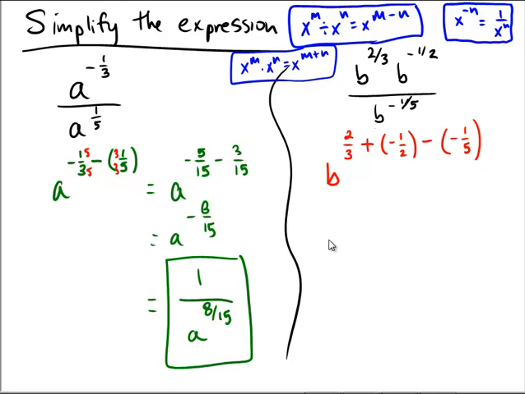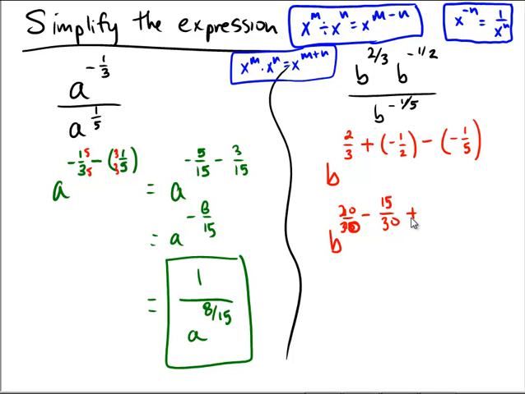Okay, common denominators. Between 3, 2, and 5, we're going to be looking for what here, 15, I guess? Yeah, 15. So 10 over 15 plus a negative means to minus. Oh, nope, I'm going to need a 30, aren't I? So, sorry, 20 over 30 minus 15 over 30.